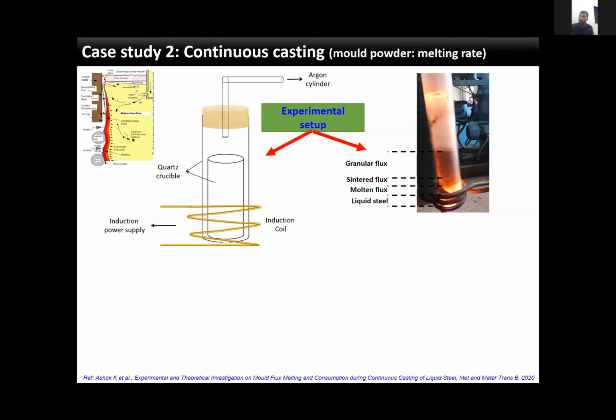And when you add the mold flux, the unidirectional heating, meaning the heat being supplied by the liquid steel to the mold flux, is happening in this setup. The liquid steel is basically providing heat. So in this fashion, you can estimate the melting rate.